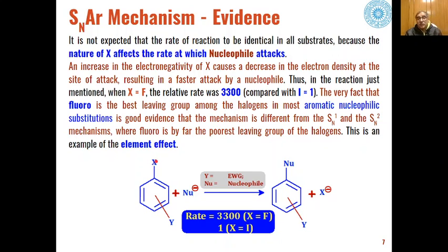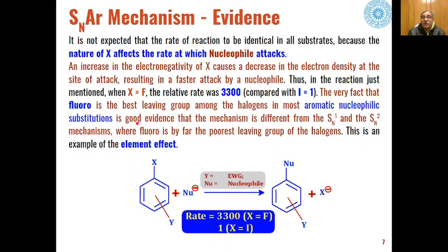So this tells us that an increase in electron density at the leaving group will also affect the rate of reaction in case of aromatic nucleophilic substitution.